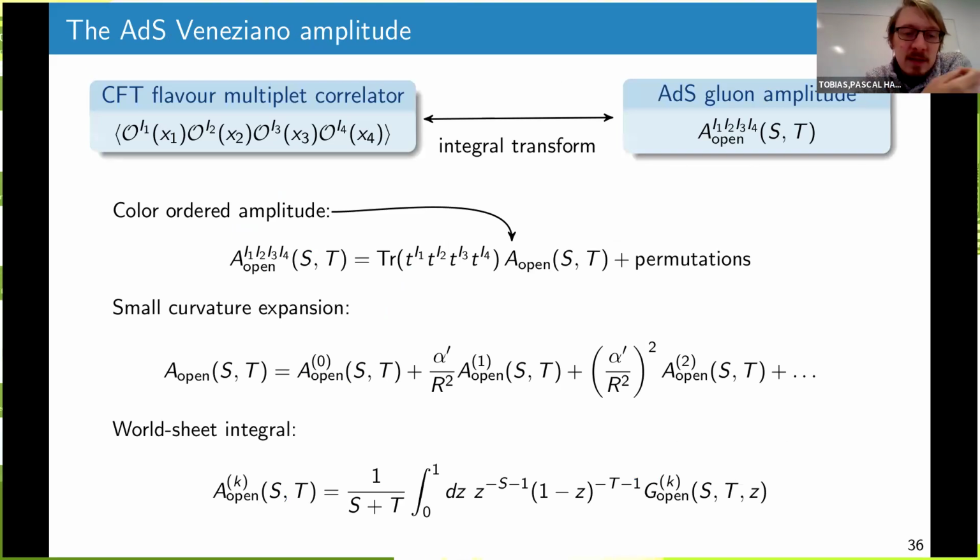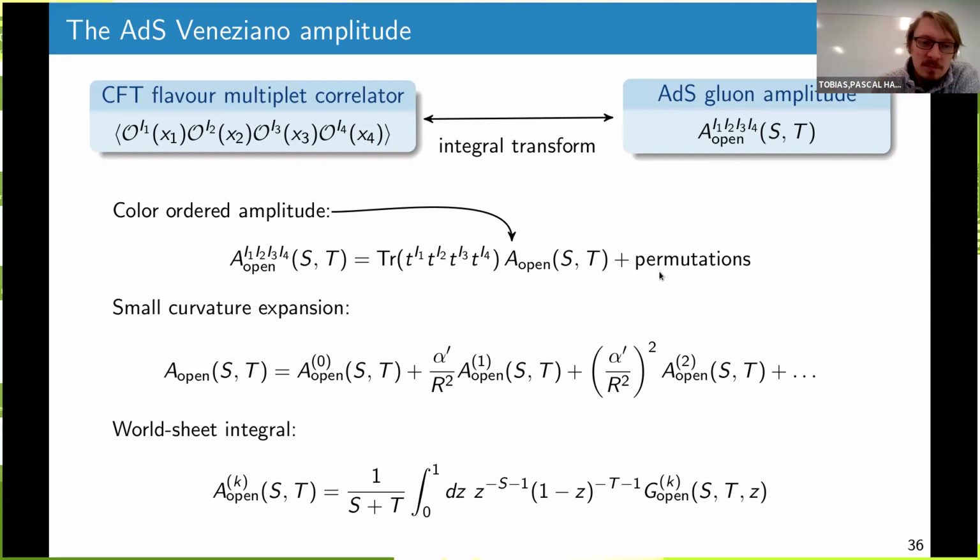Okay, so we have now this flavor multiplet correlator, where I is an adjoint index of this group G. We do the same integral transform as before to get an AdS gluon amplitude, and we study this color-ordered amplitude, which is the prefactor of this color trace.